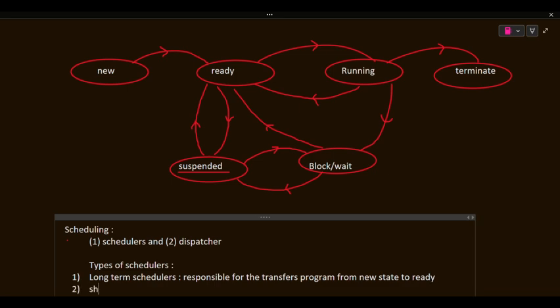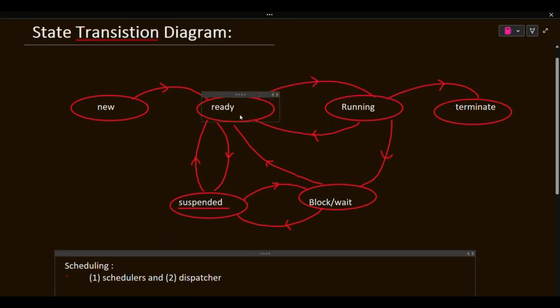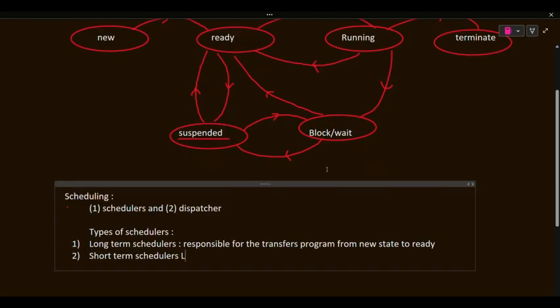Similarly, the next one is the short-term scheduler. These are mainly responsible for scheduling the programs from the ready state to the running state. It means these are responsible for transferring the programs from ready state to running state.